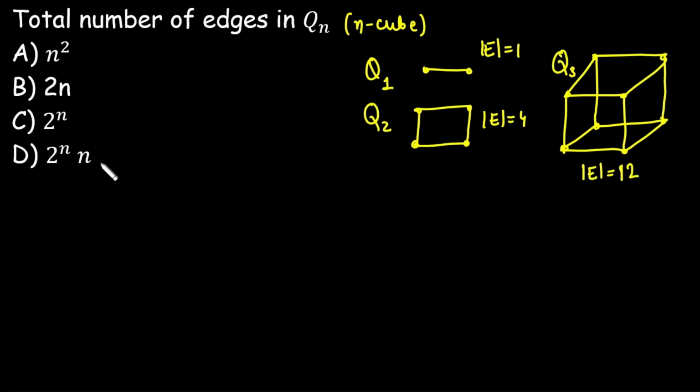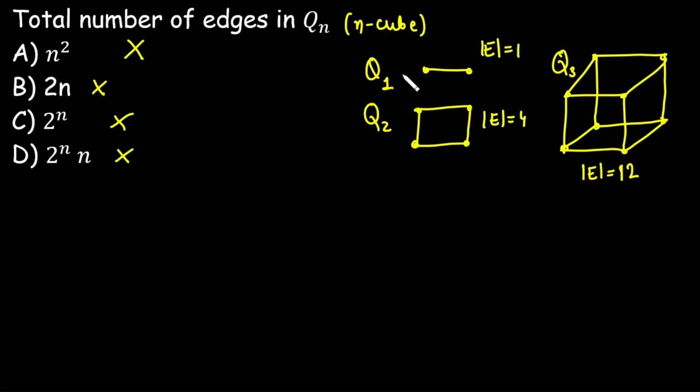Check which one is correct. Q1, does it have 1 squared? Yes. Q2, is that 2 squared? Yes. Q3, is that 3 squared? No. So discard option number 1. 2 into n, 2 into 1? No. In the next case, 2 raised to power 1? No. And in the last case, 2 raised to power n into n? No. Now, what is the exact count of the number of edges in a Qn?